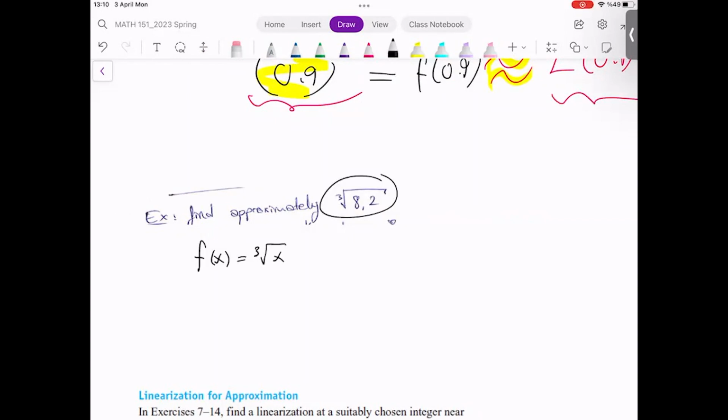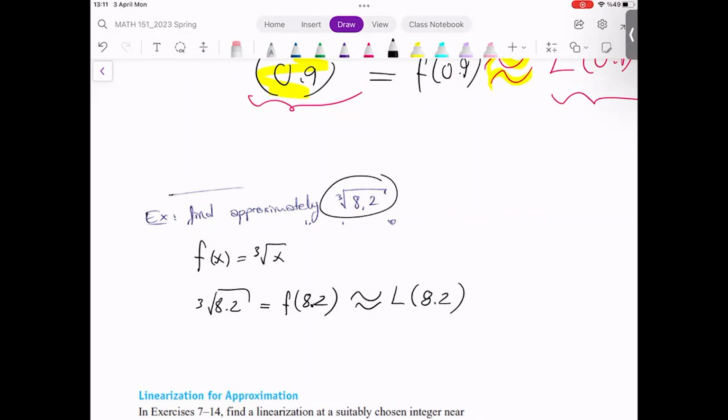And we want to find an approximation for this value, which is the exact value of your function evaluated at 8.2, and it is approximately the same as the value of the linearization function at the same point.